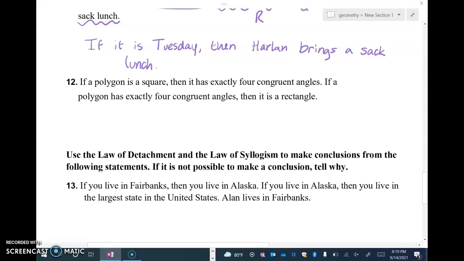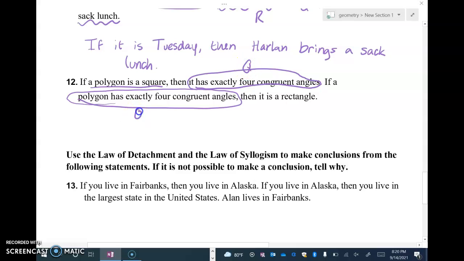All right. If a polygon is a square, then it has exactly 4 congruent angles. So if P, a polygon is a square, then Q, it has exactly 4 congruent angles. Now it says if a polygon has exactly 4 congruent angles, that's the same thing we have circled, so let's circle it again so we can see they're the same. Those are both our Q, right?